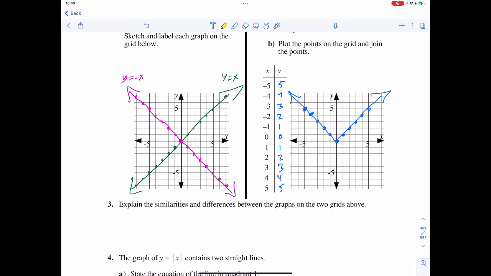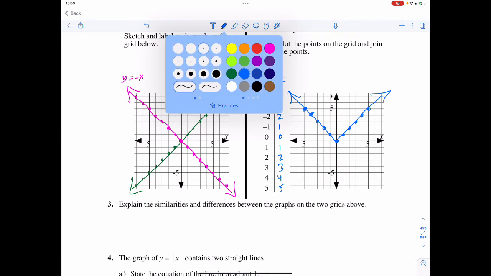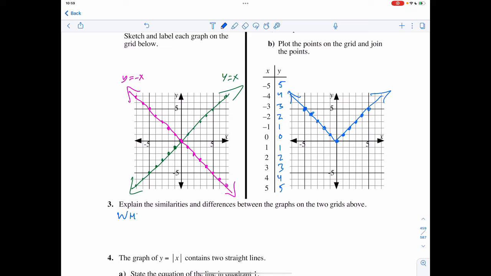So when y is positive, or y is greater than or equal to 0, the graphs are the same.